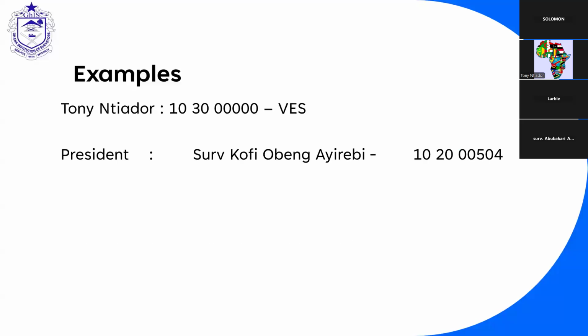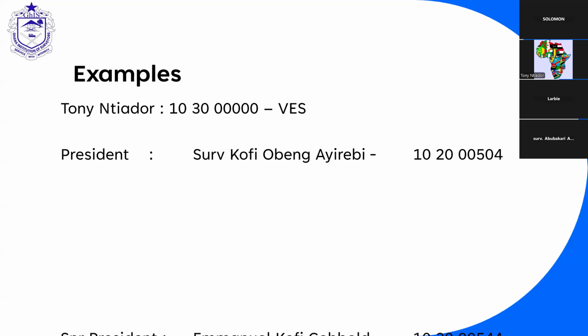So in the same way, if you apply the same approach to our president, whose diploma number is 504, currently his diploma number is actually 3 digits. So if you put it within the 5-digit numbering, it becomes 10 because he's a professional member, 20 because he's a QS, and 00504.